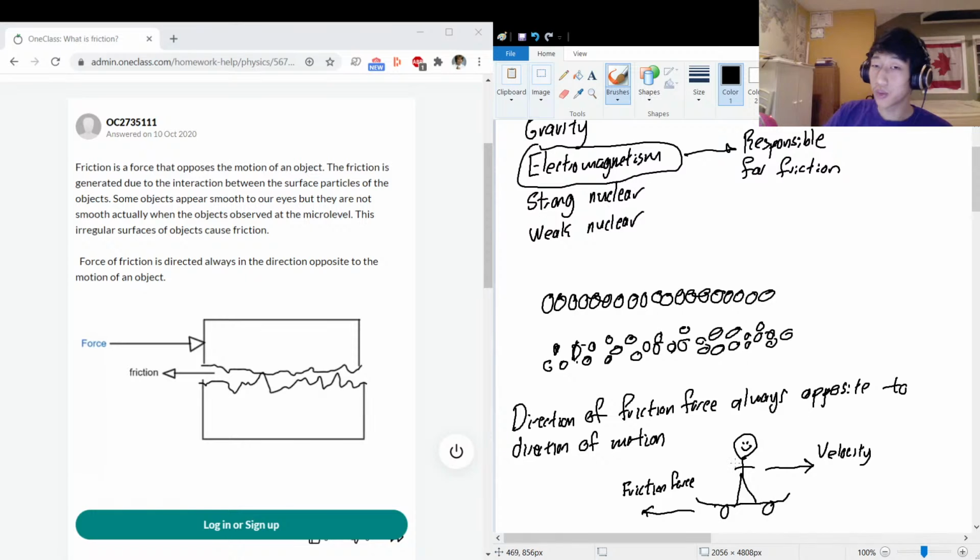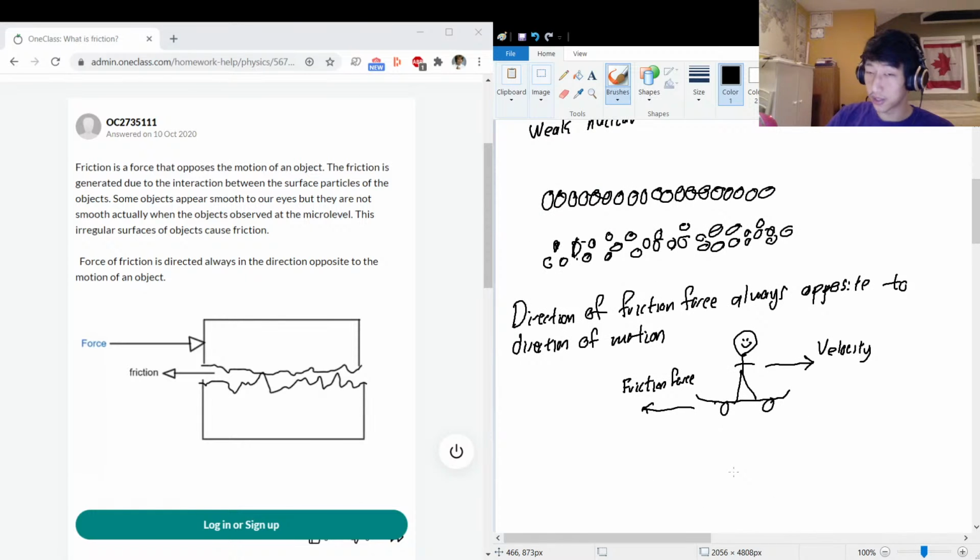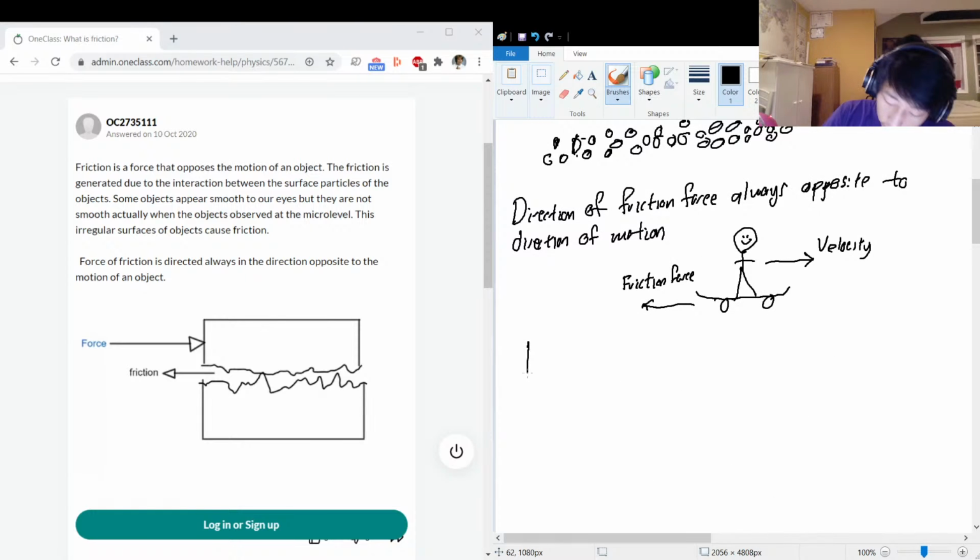Okay, now how do we calculate the frictional force? The frictional force, let's call that FF, F for force, F for friction, is going to be the coefficient of friction, typically represented as mu, multiplied by the normal force.